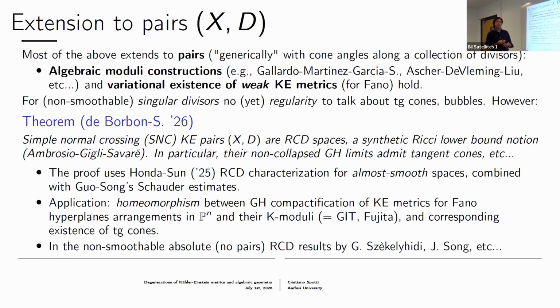Generically, an appropriate arrangement would satisfy some simple normal crossing conditions. So we know that the actual weak solution is an RCD space, and so we can take limits and basically do, even in this sort of non-smoothable pair version, what is done in the transcendental setting.